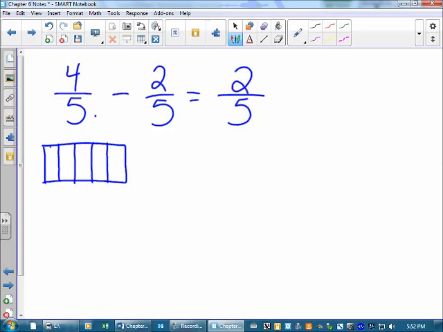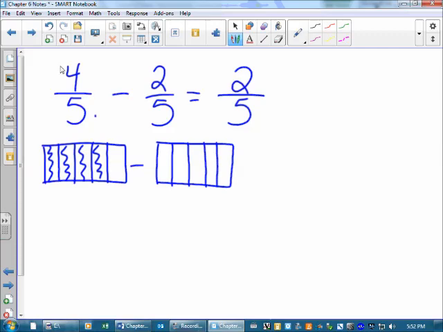Okay? And how many are selected? 4. So we go 1, 2, 3, 4. And we're going to subtract, just draw the same figure. 1, 2, 3, 4, 5. And we're going to subtract 2/5. There's 2 out of 5. Okay? So let's subtract them. Let's take this one away from there. That's good. They cancel out.